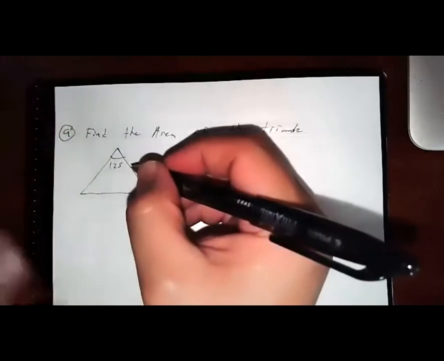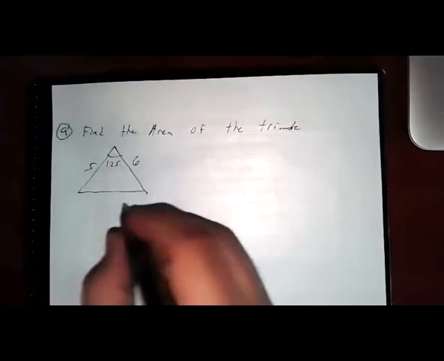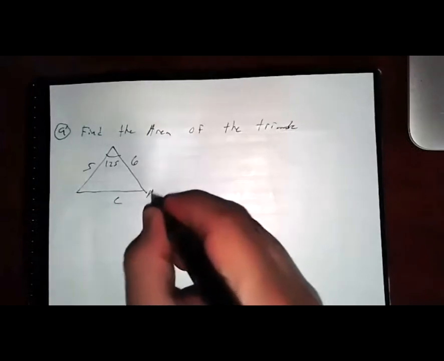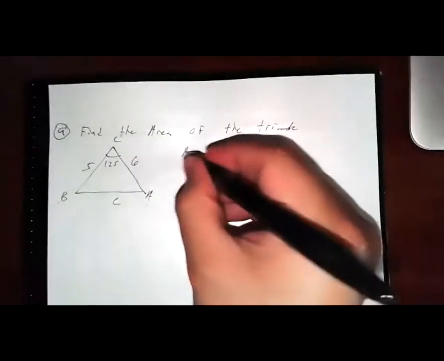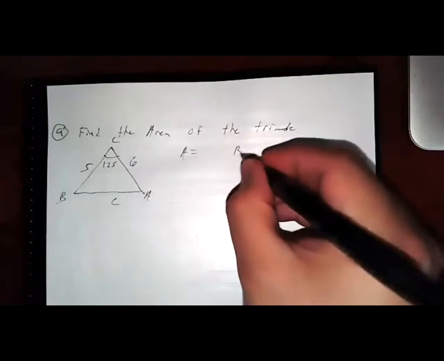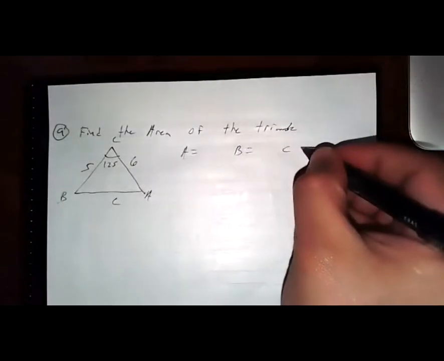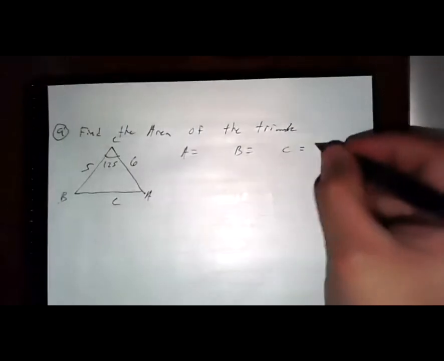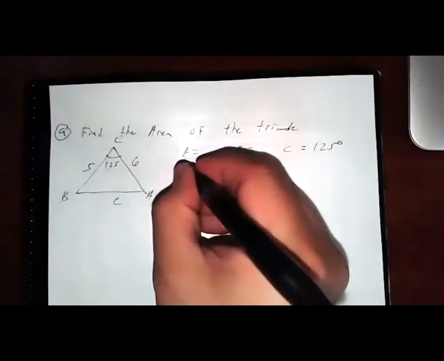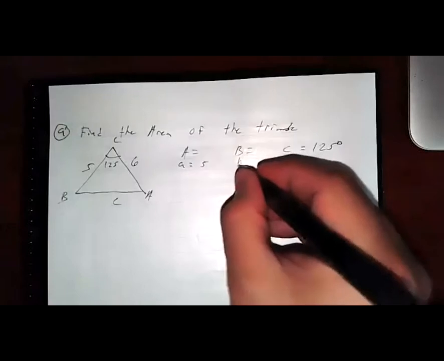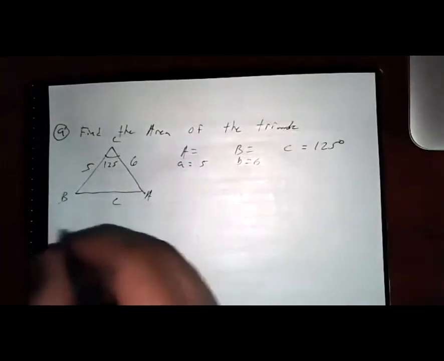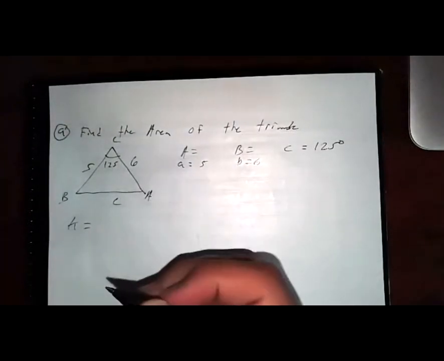125, 6, A, B, C. Okay, so I don't have any angles except C, right? I have side A and side B, so I can use one of the area formulas that I gave you. I think it's 9.4.